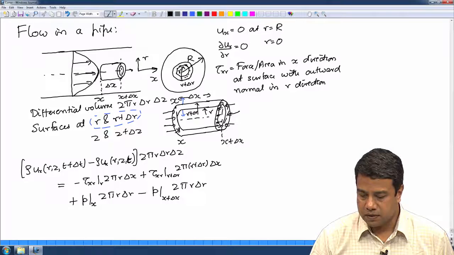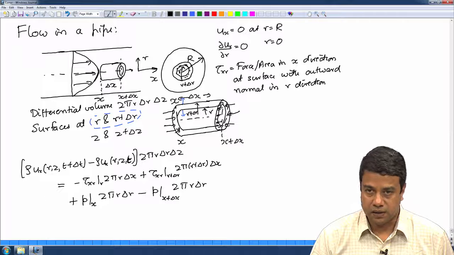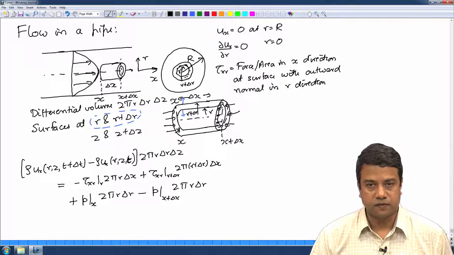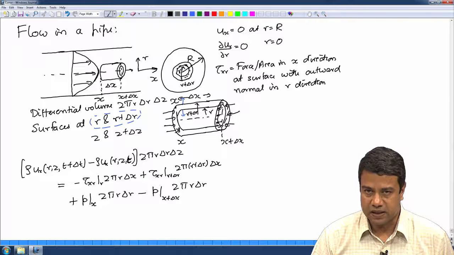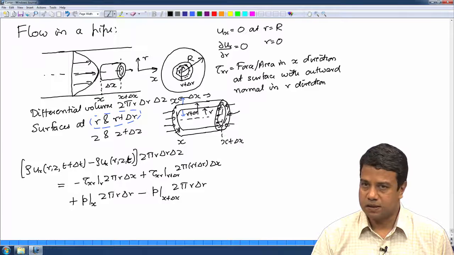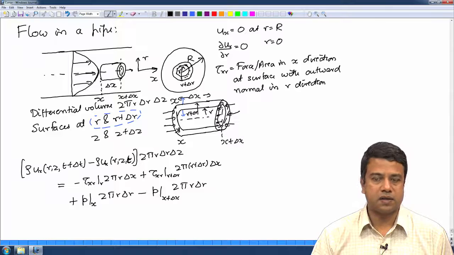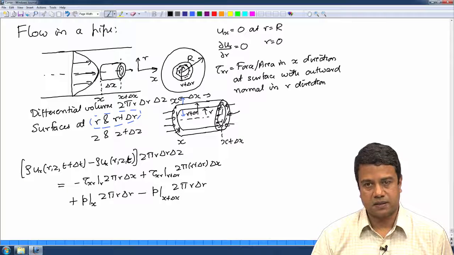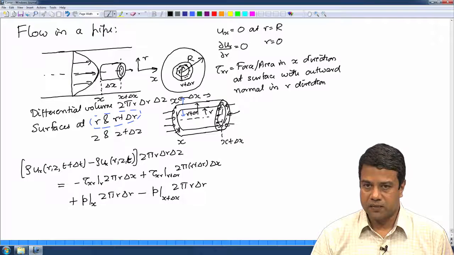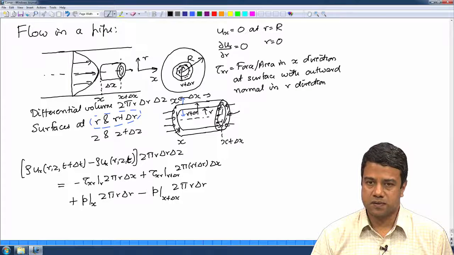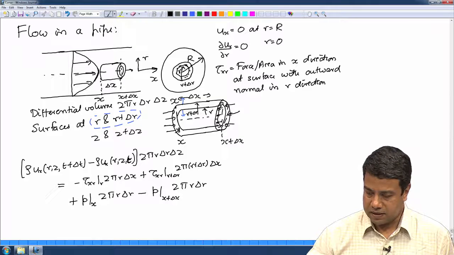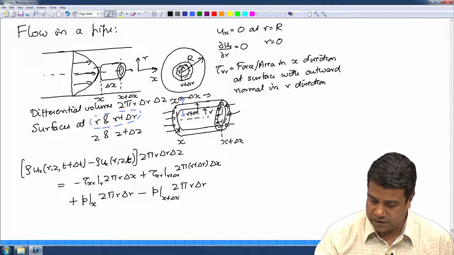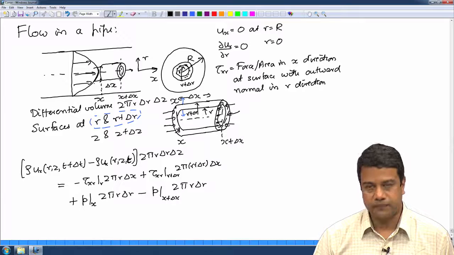There is also momentum coming in and going out in this particular differential volume. Because of the mean velocity, there is momentum coming in at the location x and momentum going out at the location x plus delta x. The momentum coming in at the location x is equal to the momentum density times the flux. So, at the location x, momentum is entering because the fluid is entering this differential volume.